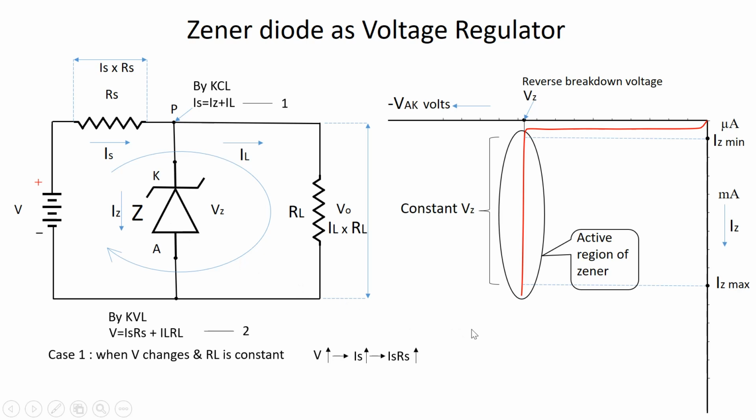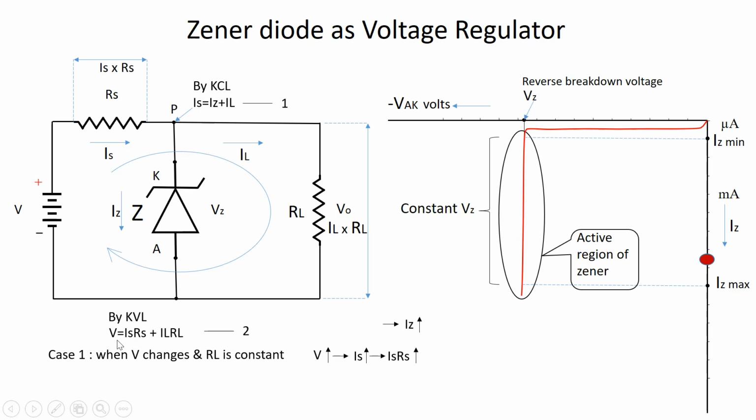Instead of working at the lower current ranges here, the Zener now starts working at the higher current range, still maintaining the same voltage across the Zener. The Vz is still maintained the same. That is why V0, which is always equal to this Vz in this circuit, is also maintained constant.